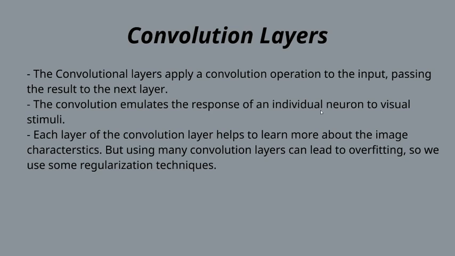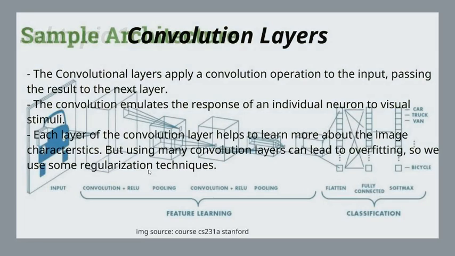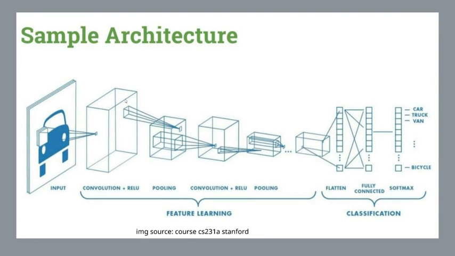Each convolution layer helps to learn more about the image characteristics, but using many convolution layers can lead to overfitting. So we use some regularization technique. The diagram is showing the first convolution layer, the second, and in between it might be using a couple more convolution layers.